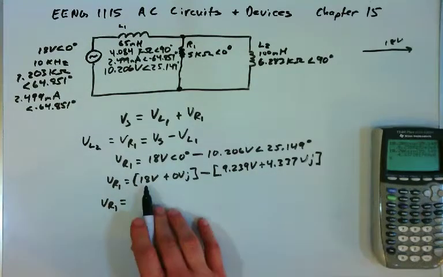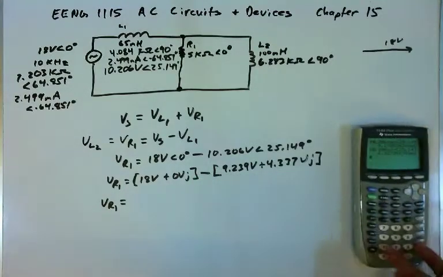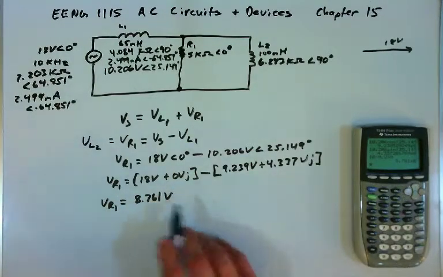VR1 will be 18 minus 9.239, which gives us 8.761 volts.